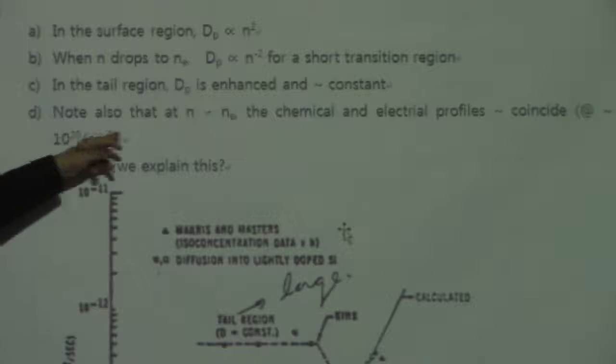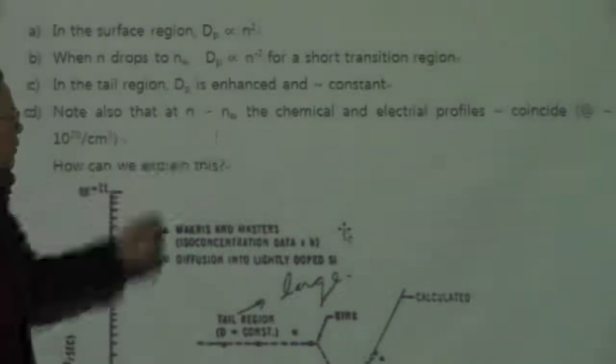All those A, B, and C should be explained to understand the phosphorus profile that I've shown you just before this slide. Note also that N is equal to ne, the phosphorus concentration and the electron concentration.